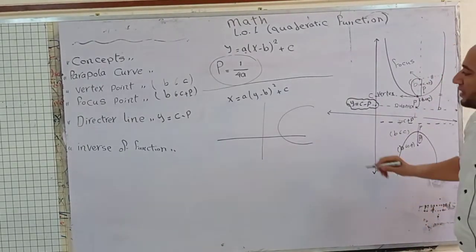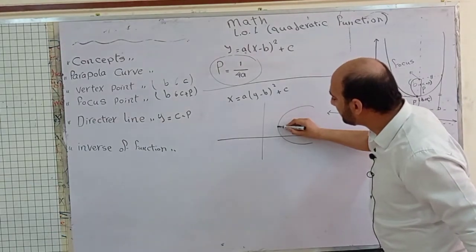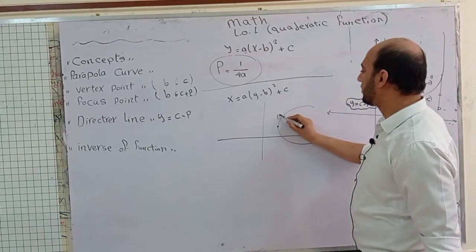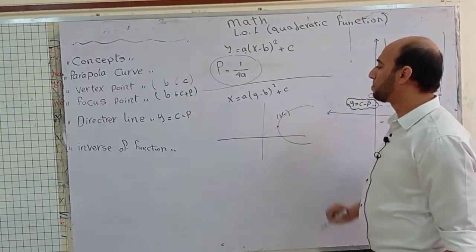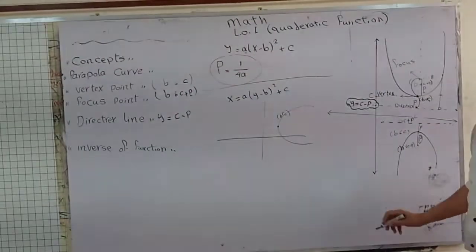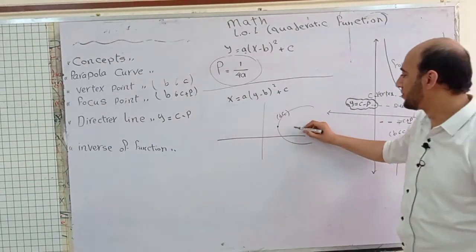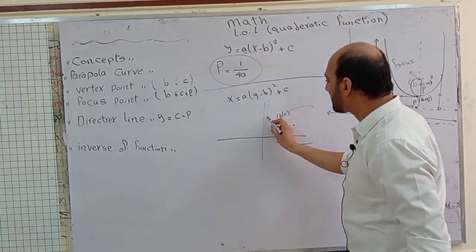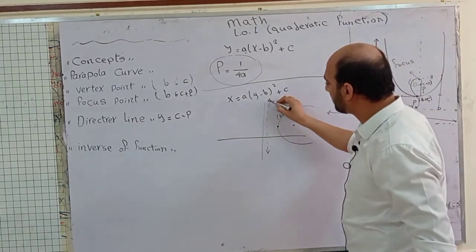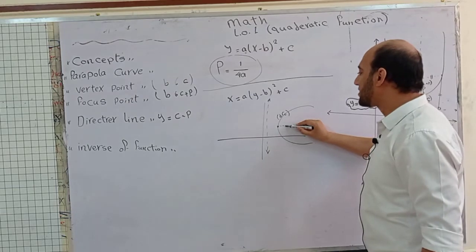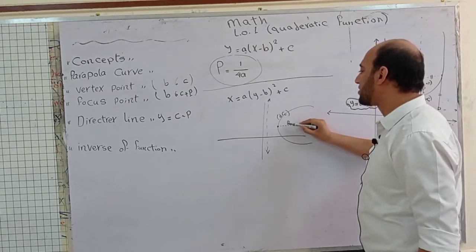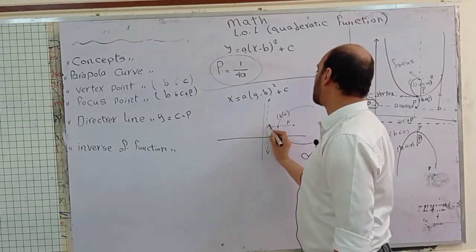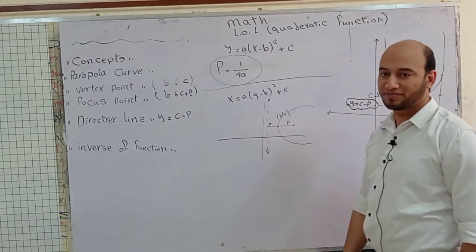Now, this value is the vertex. We will suppose it B and C. Okay? Where is the focus? This is the focus now. And this is the directrix line. The distance between the focus and the vertex is equal to the distance between the vertex and the directrix line.